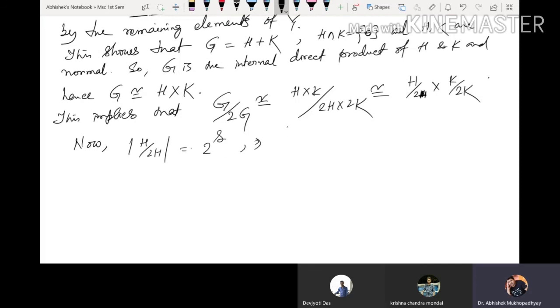And this implies cardinality of G by 2G must be greater than or equal to 2 to the power s, that is, 2 to the power r is greater than or equal to 2 to the power s, and this implies s is less than or equal to r.